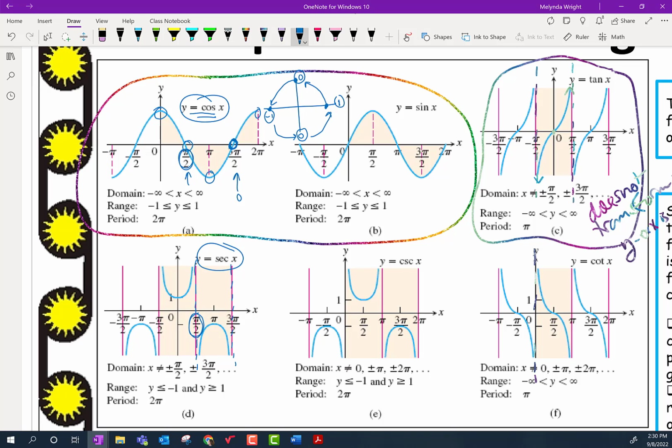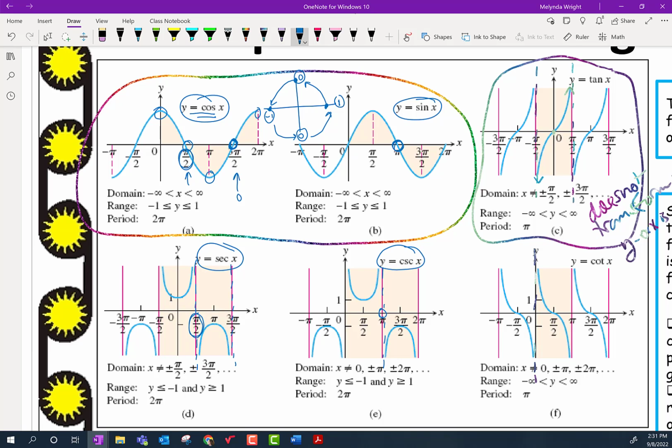If you look at this pattern, cosecant is the reciprocal of sine, and notice where sine is 0, cosecant is undefined. There's an asymptote there. That's going to help us when we start graphing secant and cosecant.